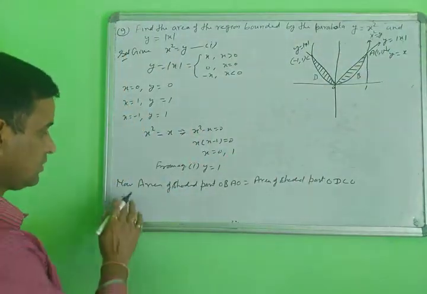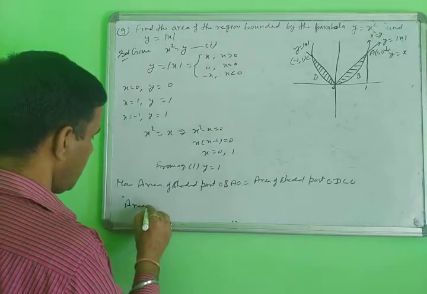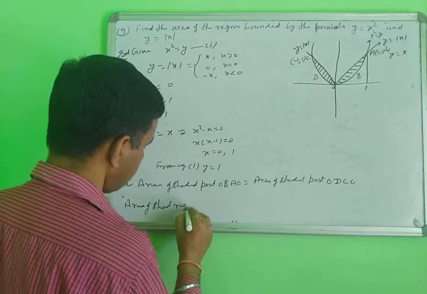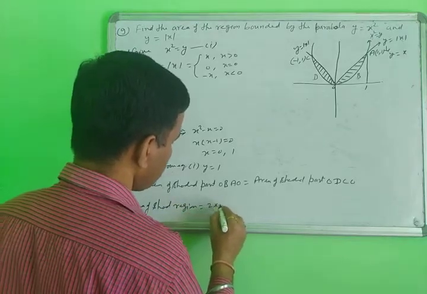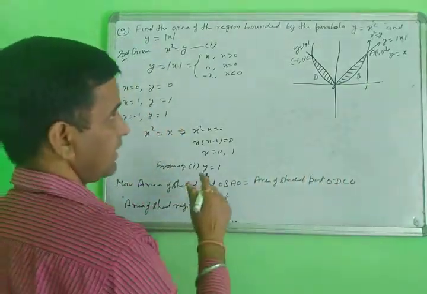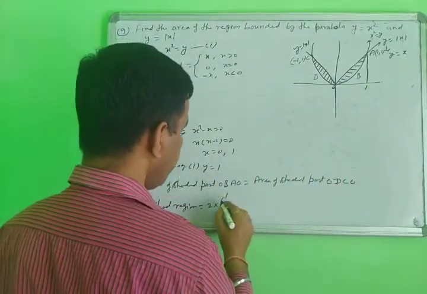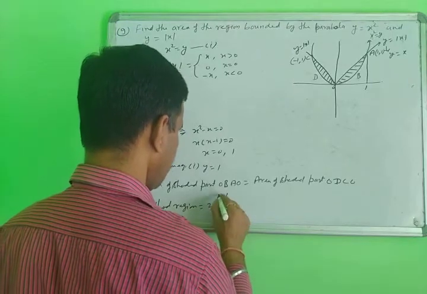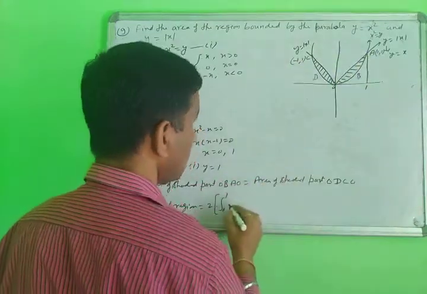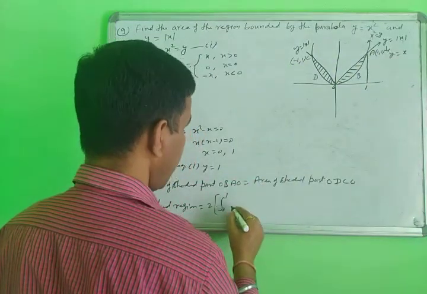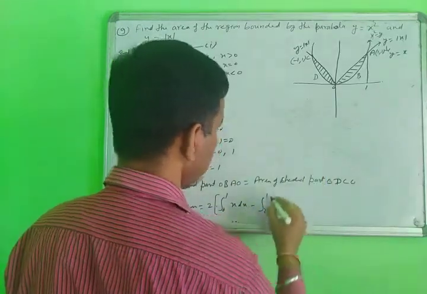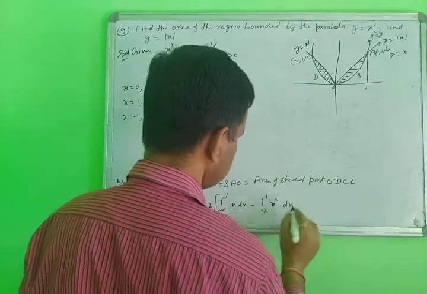Now area of shaded region equal to 2 into integral with limits 0 to 1, of area of the line, means x dx, minus integral 0 to 1 of area of the parabola, x square dx.